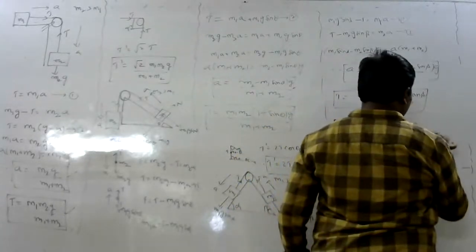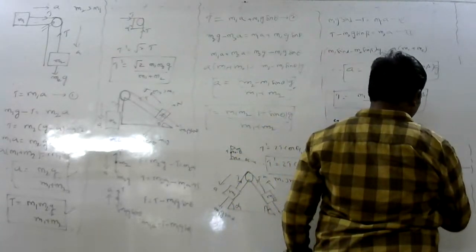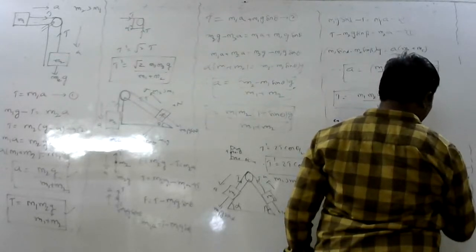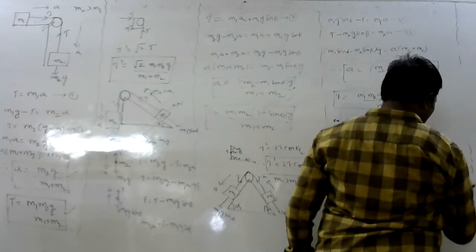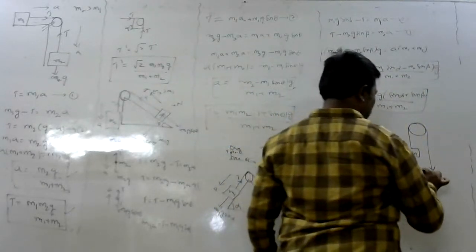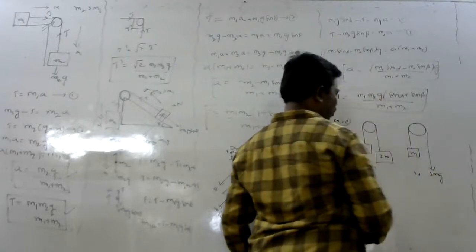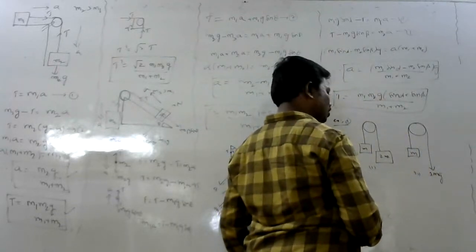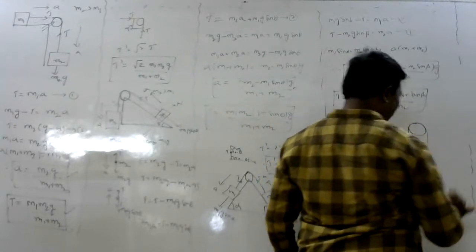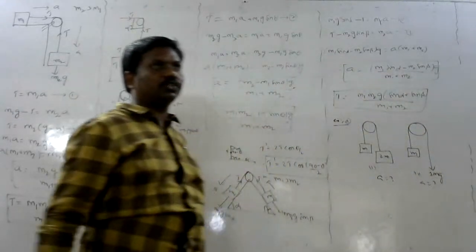And in another diagram, we consider a pulley, one side mass M and another side a pulling force 2mg. So this is the second diagram. Find the acceleration in the two cases.